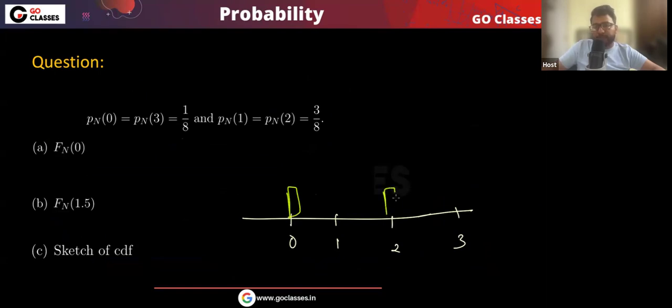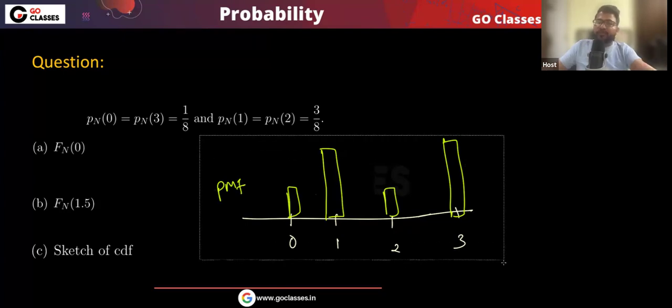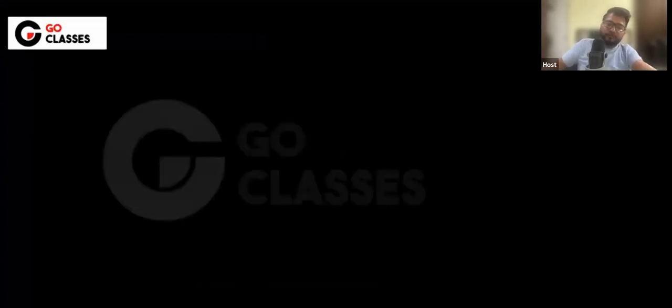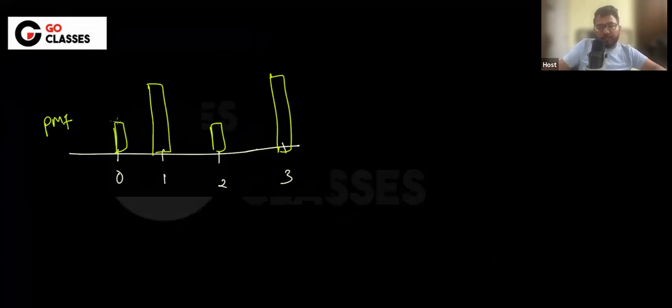At 3, it is 1 by 8. Here it is 3 by 8, here it is 3 by 8. This is the PMF. Using this PMF, can you sketch the CDF? This is 1 by 8, this is 3 by 8. So see, here also let me write the 4 values.